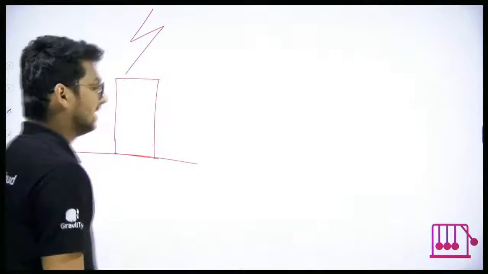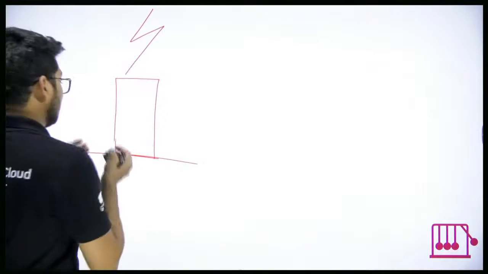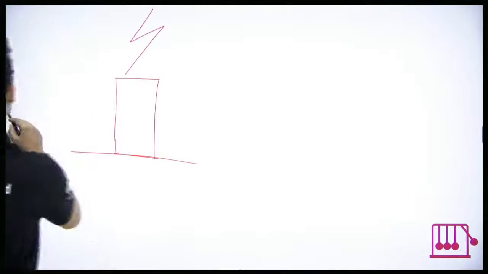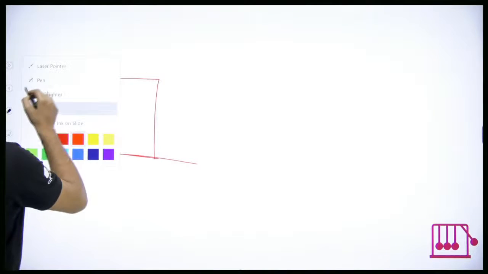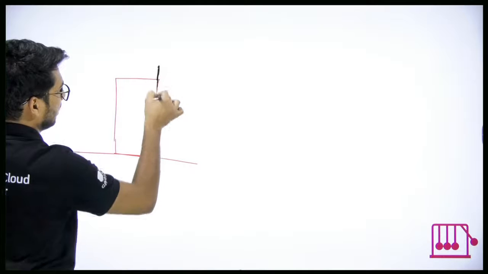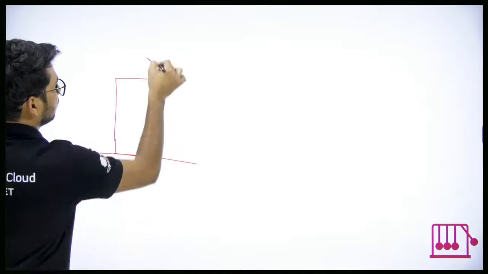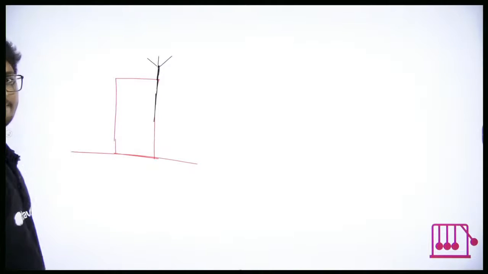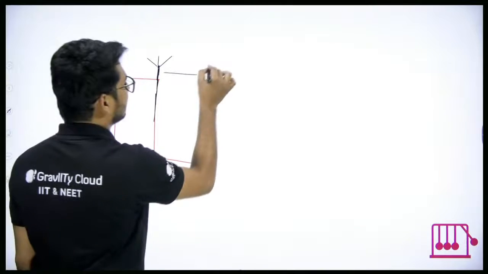How do we protect this building then? We can attach a conducting rod to the building, and we call this rod a lightning rod.